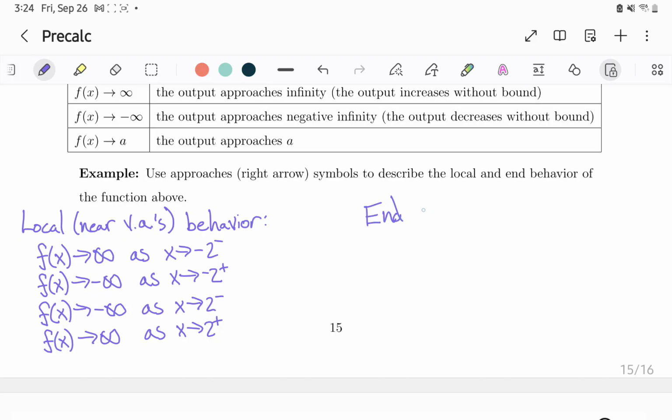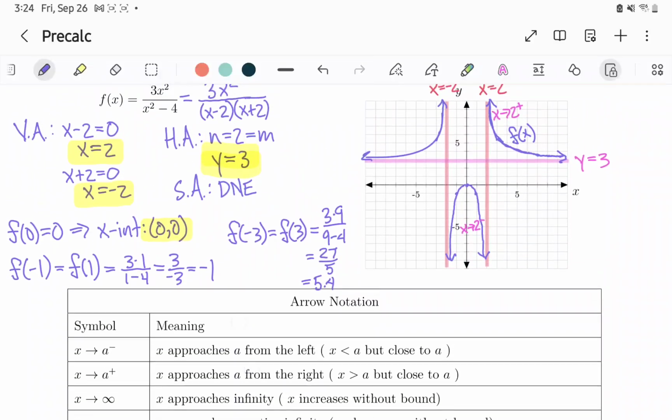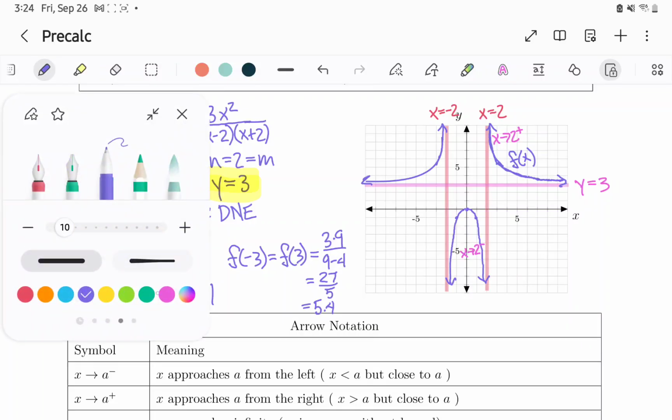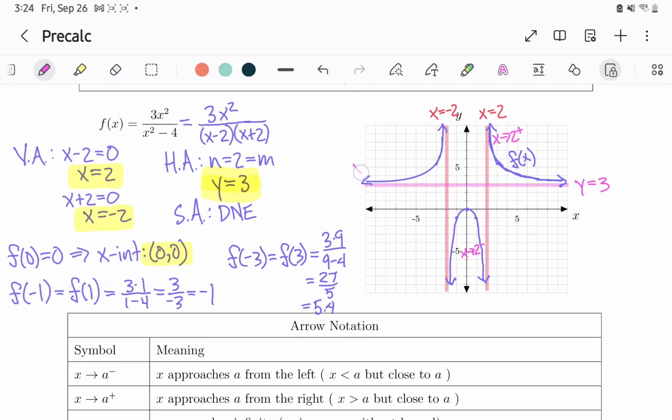And then for the end behavior, well, that's essentially given to us by the horizontal asymptote. So as x goes to -infinity, or as x goes to infinity, in either case, if we're tracing along the graph of our function here, it's just going to be getting closer and closer to 3.